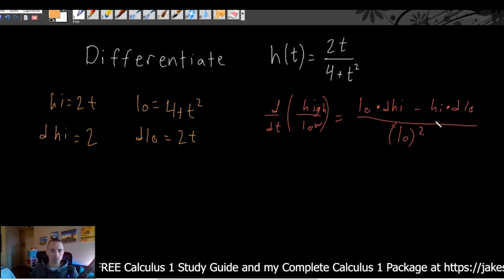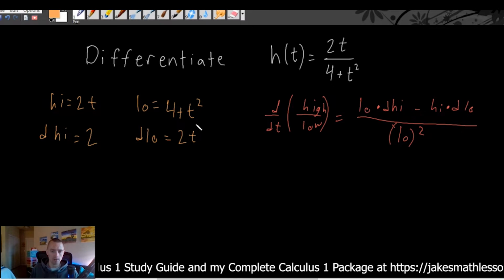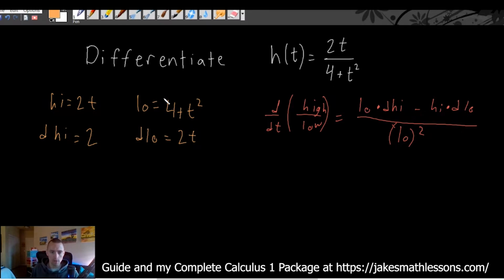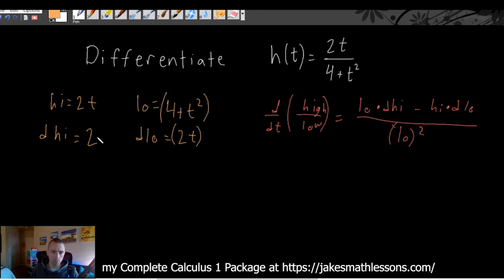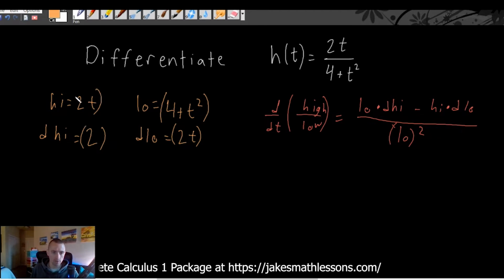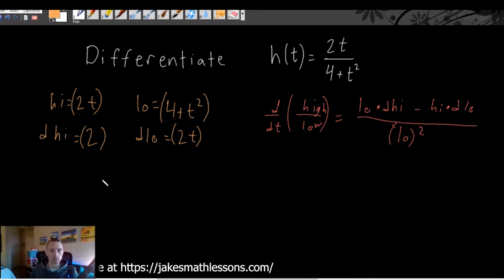Then we can use this formula. Low d high, so low. And again, make sure you put parentheses around these. You don't want to forget that, because when you start plugging this into the formula, if you don't have your parentheses properly applied and you don't distribute terms across these different terms, you're going to end up with the wrong derivative.